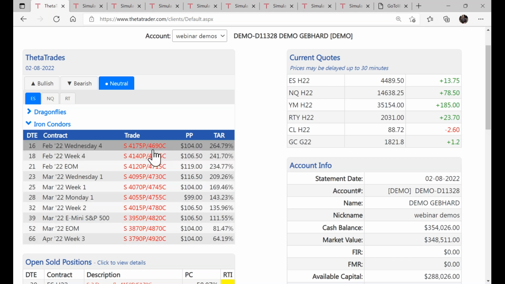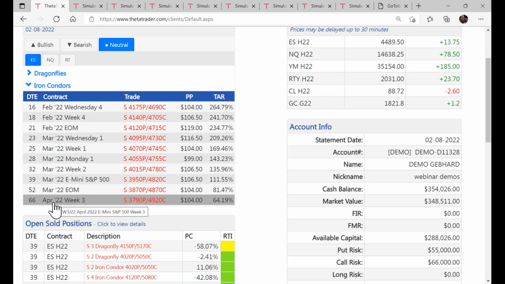And you'll see the strike prices are already selected, the puts and the calls, and all the profit potential is already calculated. And then your targeted annualized return at expiration is already calculated. Now keep in mind this number here is really to compare one expiration to another. It's not to say that you should expect these types of returns on an annualized basis. That wouldn't be realistic. It's really to compare one trade to another.